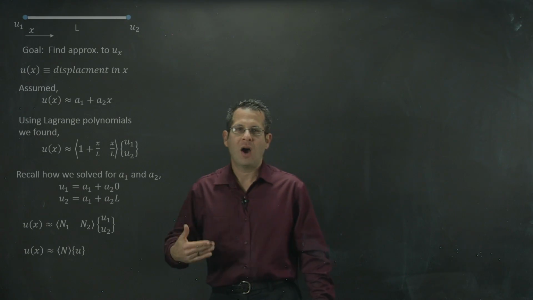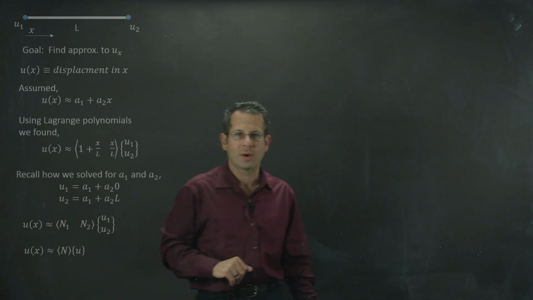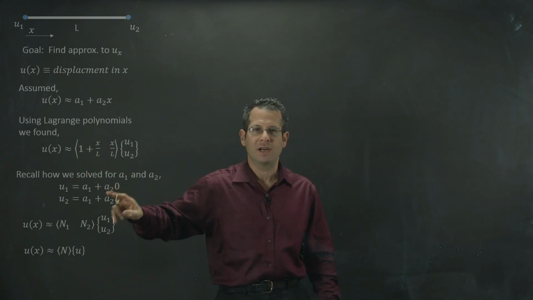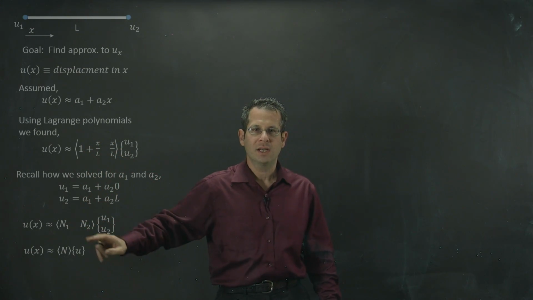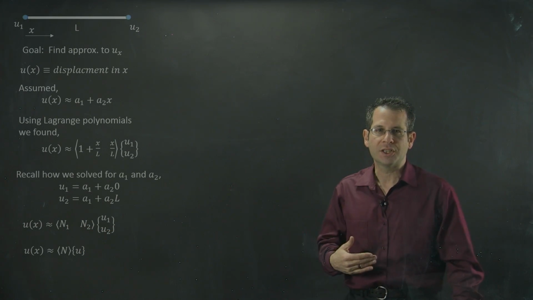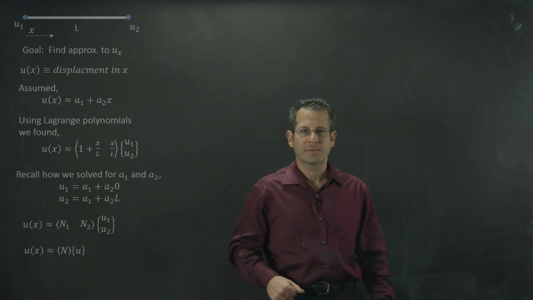Regardless of how we find these shape functions, we can write them in this form. I can write these as two different shape functions inside a shape vector. So I have N1 and N2, which are my shape functions. I call N my shape vector.